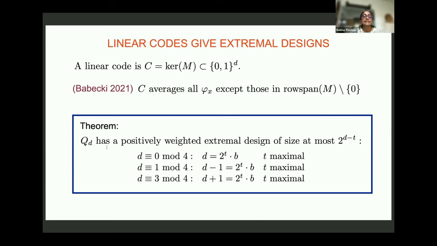So here's our theorem. It says that Q_d, which is the graph of the d-hypercube, has a positively weighted extremal design of size at most 2 to the d minus t, where t is pretty big. So again, lots of formulas, but the point is that you can write down some codes and some bounds. And these results are also found through coding theory.